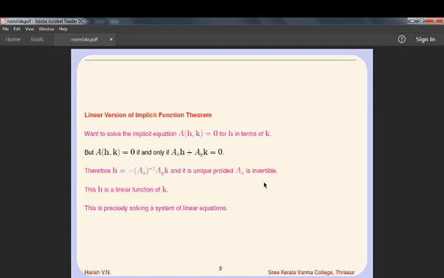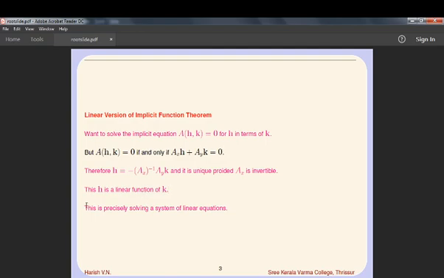So the conclusion is I can solve this implicit function for h in terms of k provided Ax is invertible. And the solution is this: h is equal to minus of Ax whole inverse AYK. And observe that this h is a linear function of k, because Ay is a matrix, Ax inverse is a matrix. Therefore, h is a linear function of k.